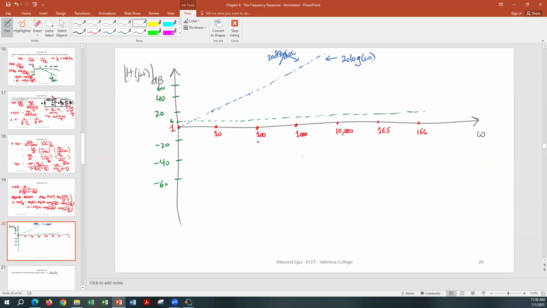So 20, 40, so it's going to go 0 until 10, and then negative 20 decibel per decade, and this corresponds to 20 log of the square root of 1 plus omega over 10 squared.